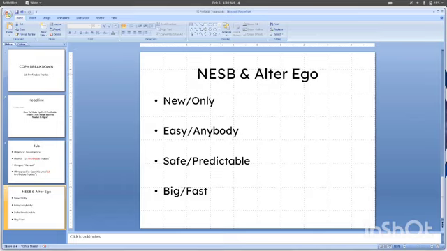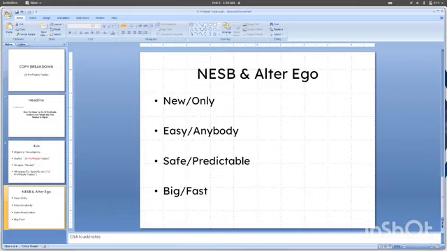This NSB and the alter ego were presented in a book called Take Their Money by Kel Milligan, a copywriter from Agora Financial. He presented these factors to look at in a copy. NSB is an acronym for new, easy, safe, and big.